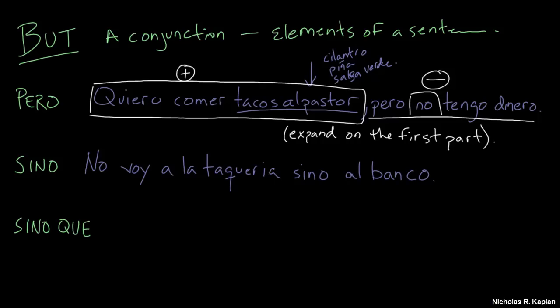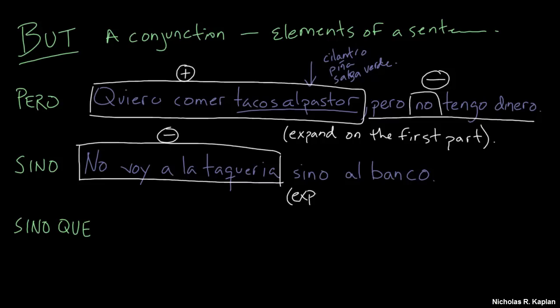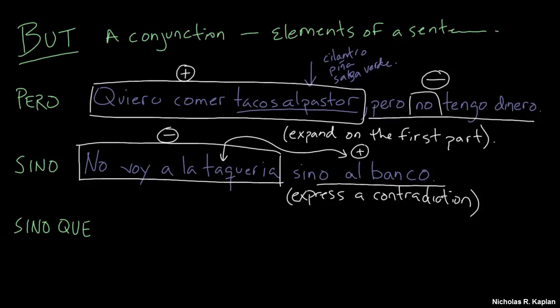So sino is used when the first part of the sentence is negative and expresses a contradiction. And it's usually positive, the contradiction. So instead of going to the taqueria, I'm going to the banco.